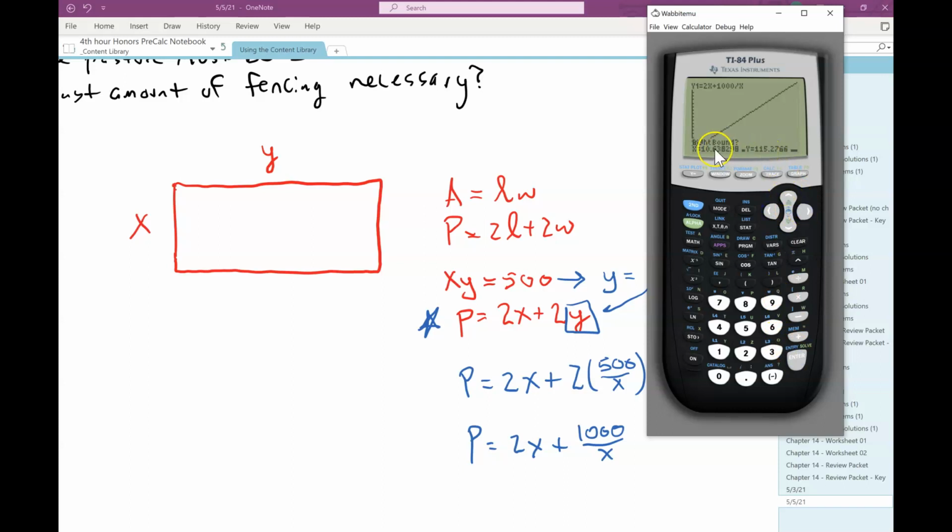So even though this is kind of all in my way, I'm just looking at the y coordinate. So it decreased that time, decreased that time, decreased that time. Now it got bigger, so I know that I'm on the right side of the minimum. So I'll enter anywhere over there and just guess. So the x would be about 22.4 is what my calculator says.